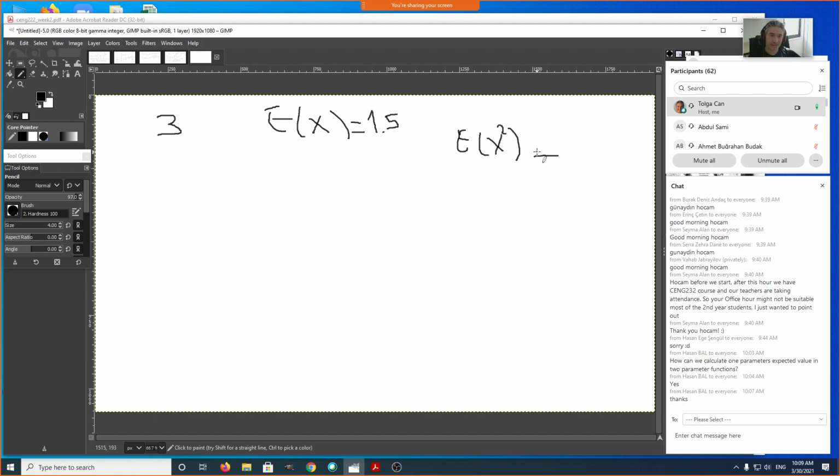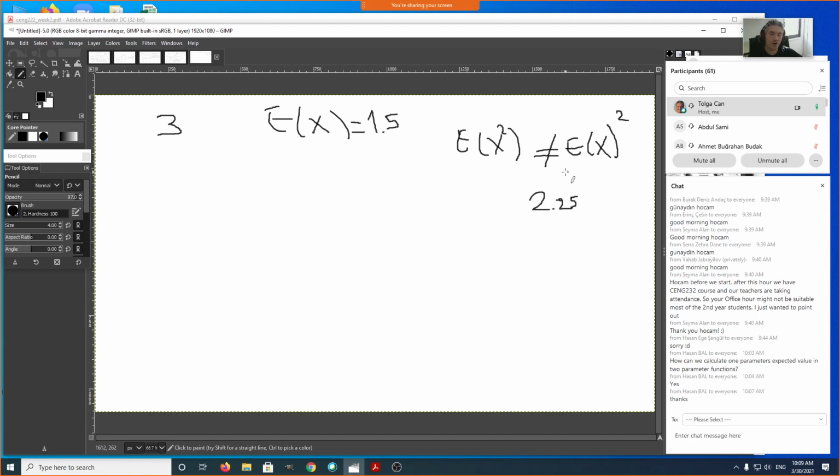What I'm saying is that it may not be equal to, maybe in this example it may be, but in general it is not equal to this. So it shouldn't be equal to 2.25. When you square 1.5, it's 2.25, right? Let me check that. Yeah, 1.5 times 1.5 is 2.25.